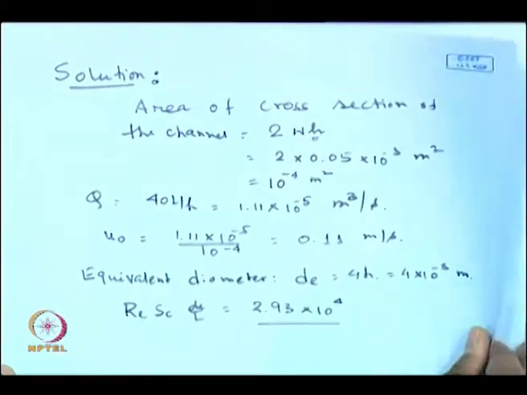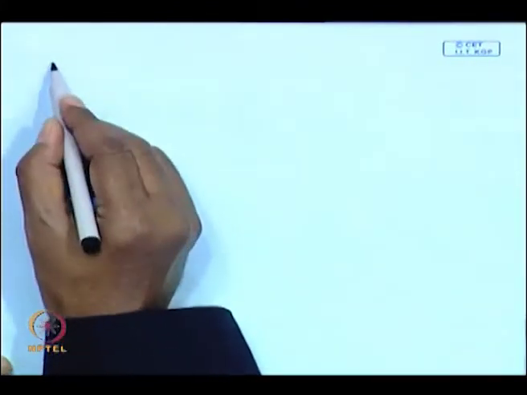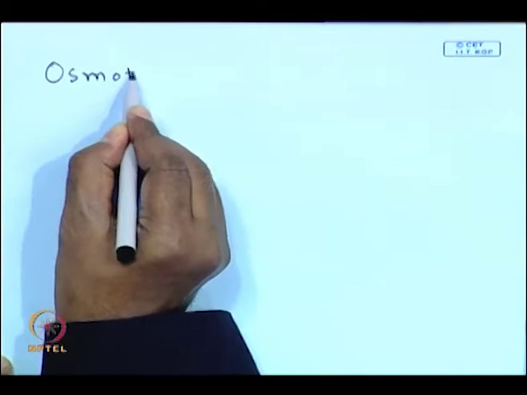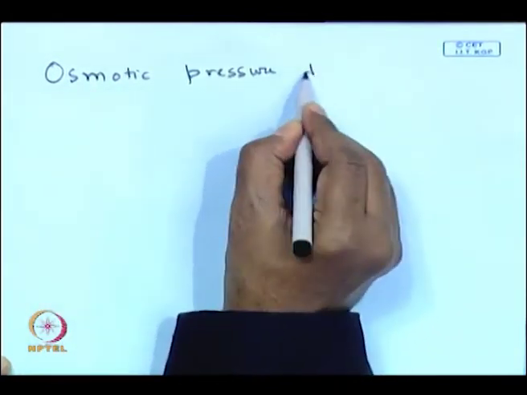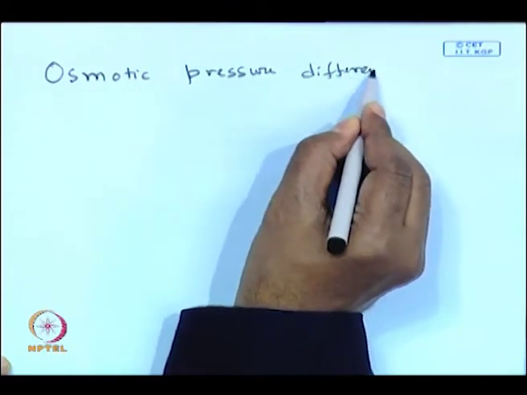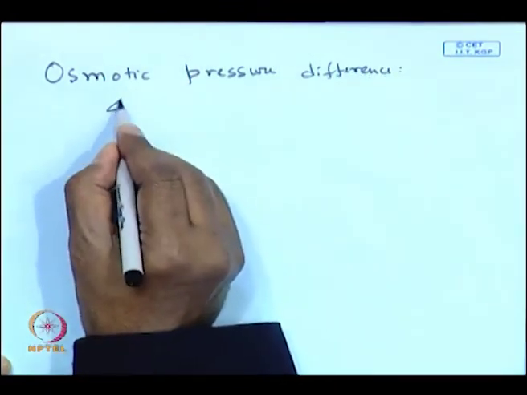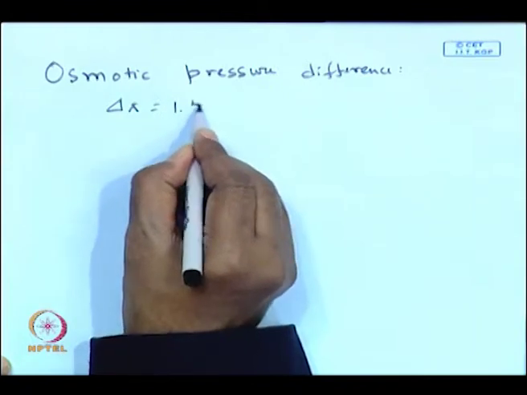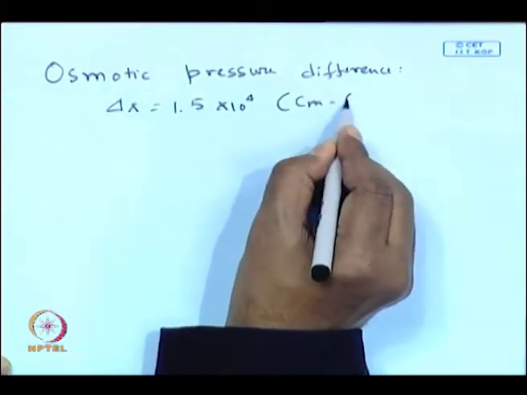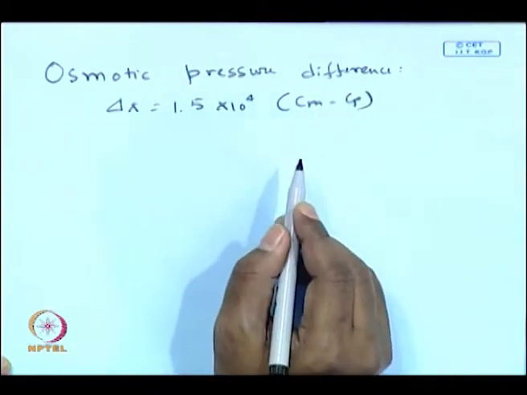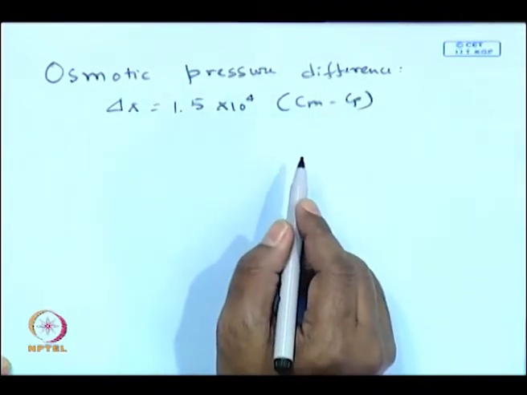The osmotic pressure difference, delta pi, is 1.5 into 10 to the power 4 (cm minus Cp). It is basically pi at the membrane surface minus pi at the permeate stream.